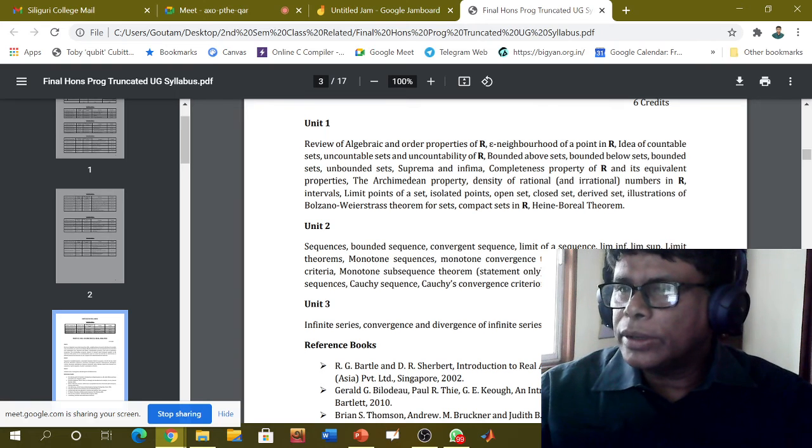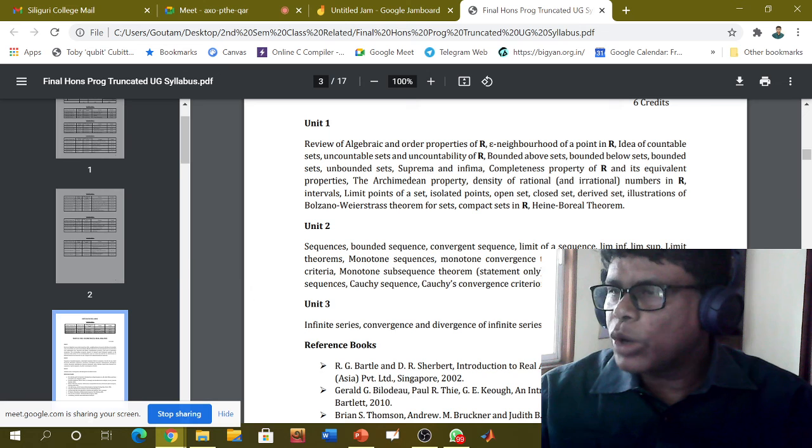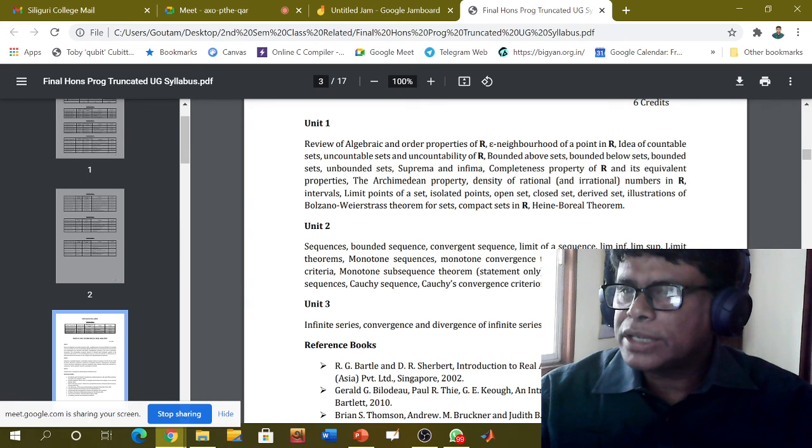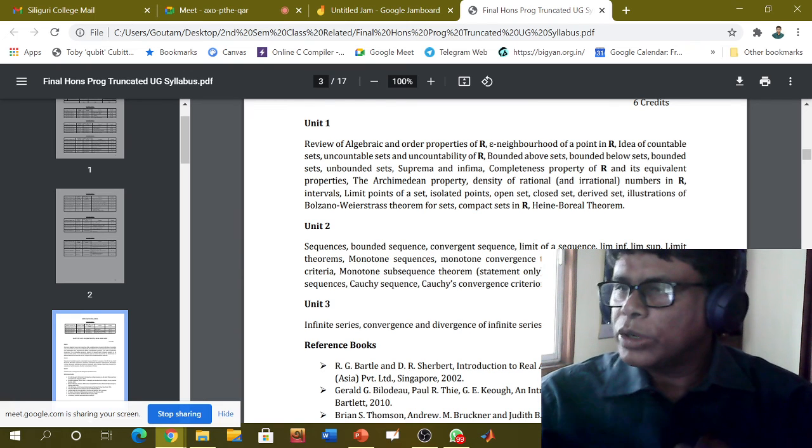Now see how much we have concluded. Review of the algebraic and order properties has been done. Epsilon neighborhood of a point I have discussed. Idea of countable and uncountable sets, and uncountability of R, are discussed. Bounded above sets, bounded below sets, bounded sets, unbounded sets, supremum and infimum are also discussed.